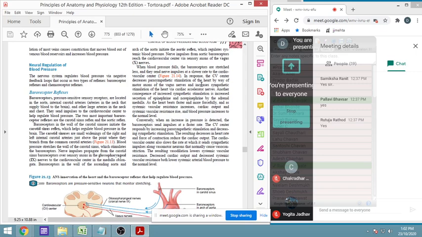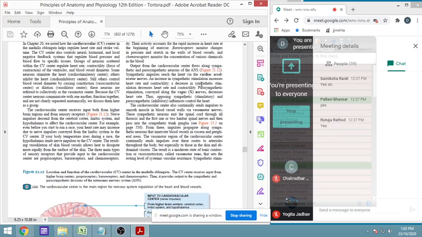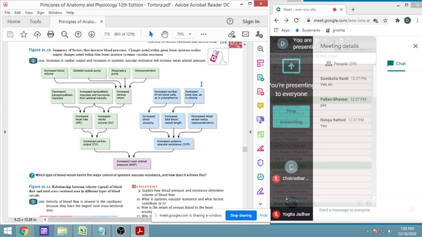Just a minute, I click something next. So this chapter I repeat, you please go through this. This chart also I told you before hypertension, because all the drugs which are acting, they are acting on this.